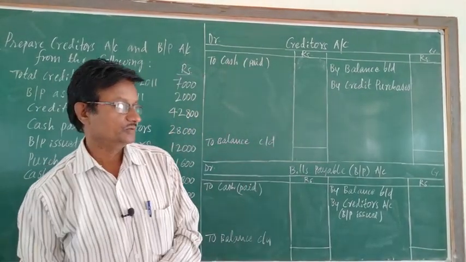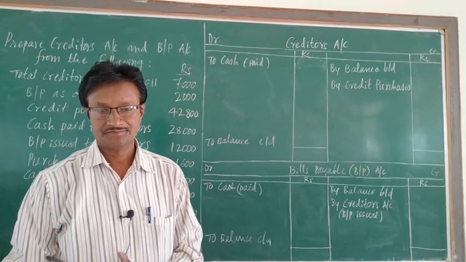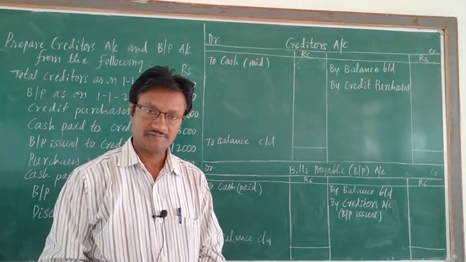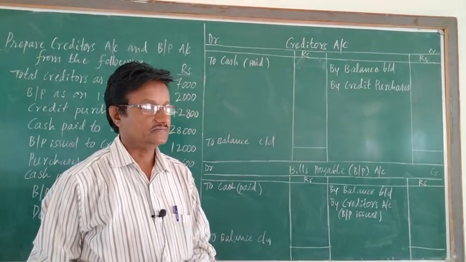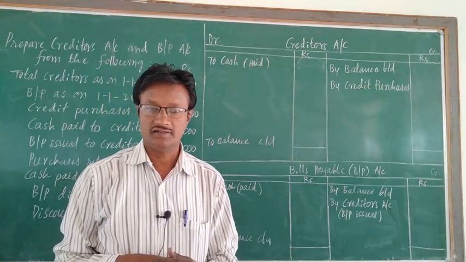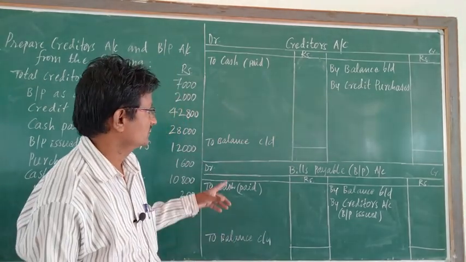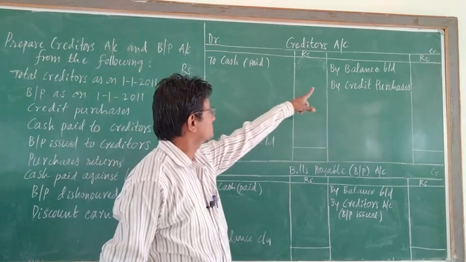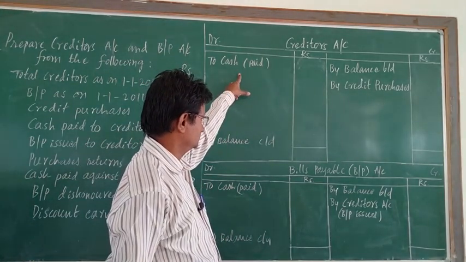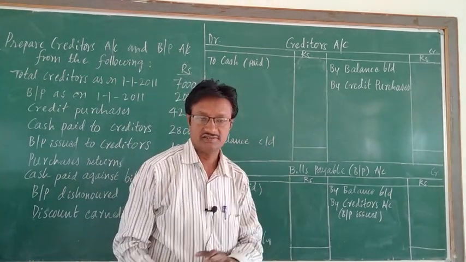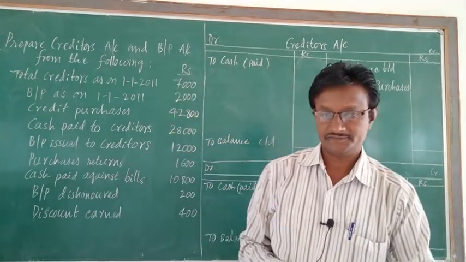So opening balance, closing balance, credit purchases and cash paid to creditors. Out of these four items, if three are known, the fourth one is missing. Here opening balance, credit purchases, cash paid to creditors is given, and the missing figure is closing balance of creditors.